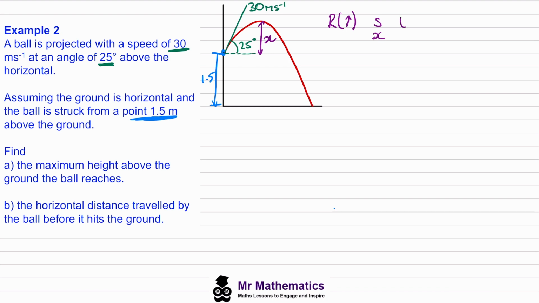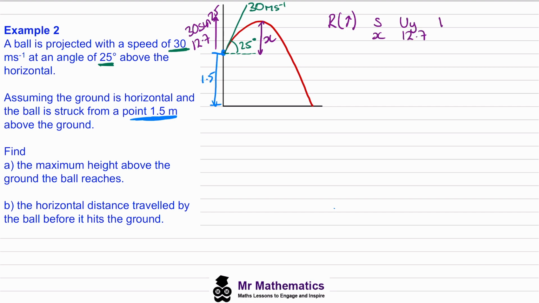And then to work out the initial velocity, we'll call this uy. We need to work out the vertical component of this velocity. Well, if we're going upwards, because this does not contain the angle, this will be 30 sine of 25, which works out to be approximately 12.7 meters per second.